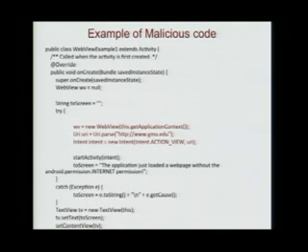What's an example of malicious code? Do you see these 3 lines of code? With these 3 lines of code, you don't have to know what it is. This application does not have internet access. Nonetheless, by adding these 3 lines of code, it is allowed to communicate to a website and send information. So I'm asking you, is it a malicious app?